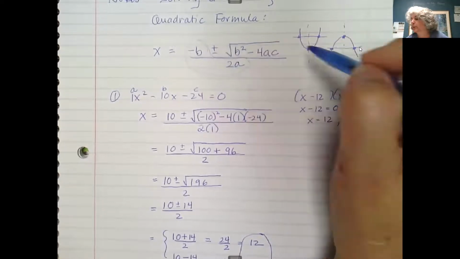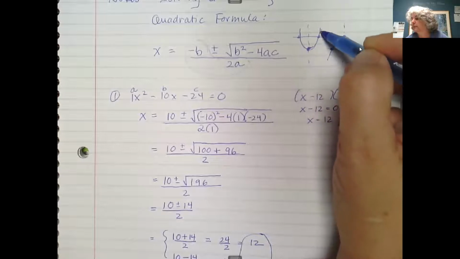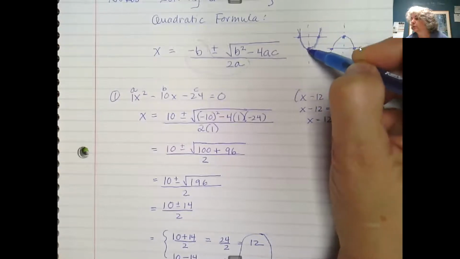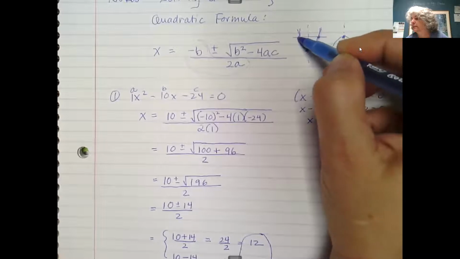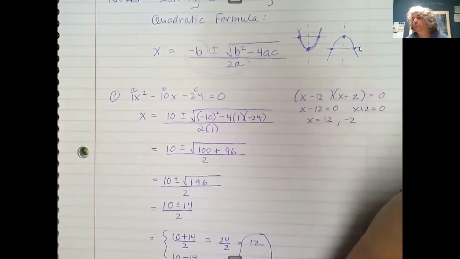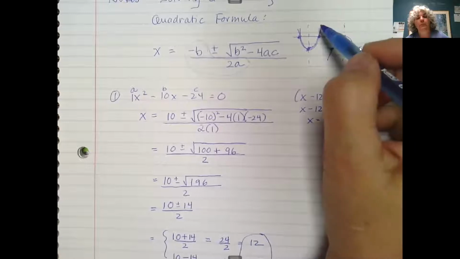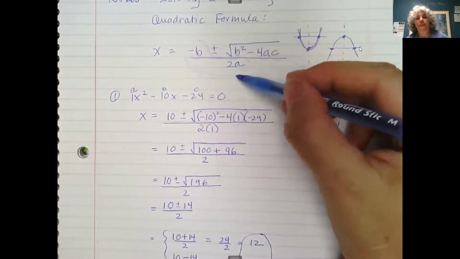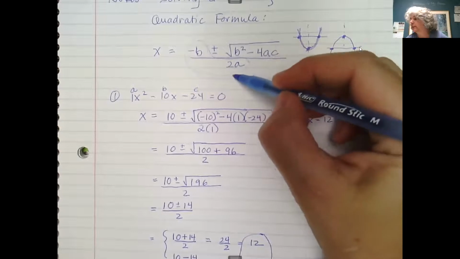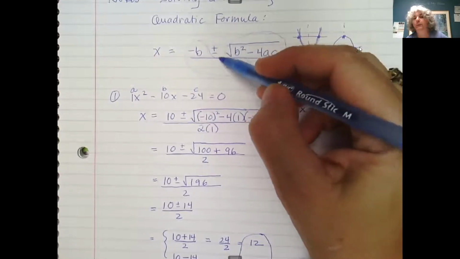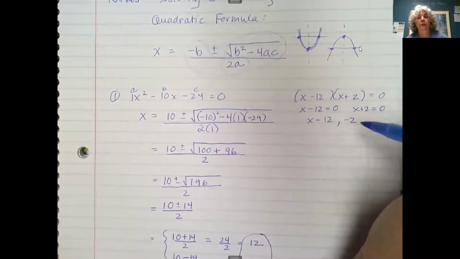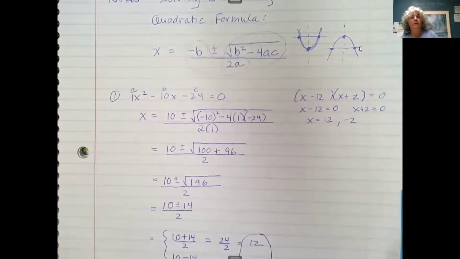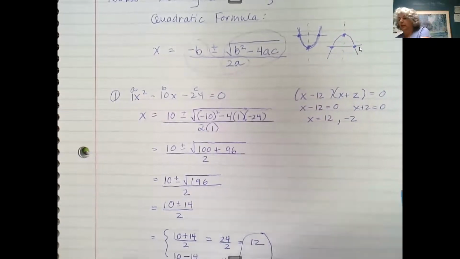So that's this plus or minus part. It's giving you a positive distance and a negative distance away from the vertex to get these zeros or these x-intercepts. Okay, so that plus or minus distance is this other piece. You can kind of think of this as two pieces separated by a plus and a minus. Sometimes you'll get two equations or two answers, and sometimes you won't. And let's take a look at what happens when that occurs. So I'm going to turn this over, and we're going to do some other examples.